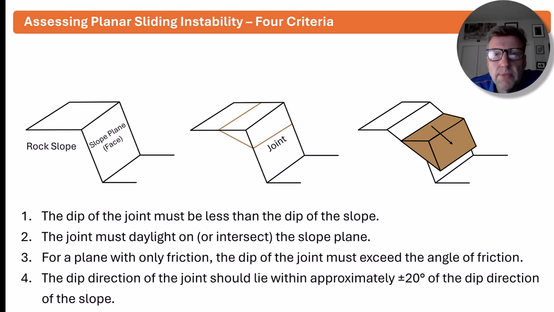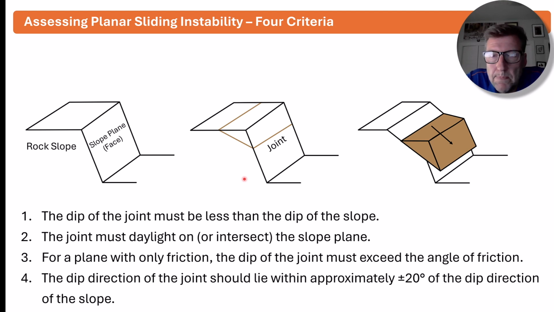We can see from the middle figure that the joint, indicated by this brown line or brown plane, because the discontinuity is a plane, has a dip less than the dip of the slope. And it also intersects or daylights on the slope face. Potentially unstable.